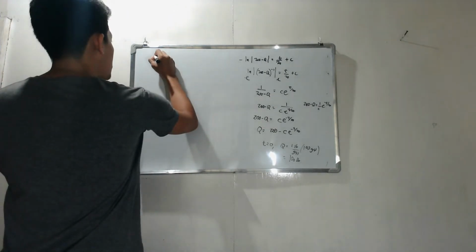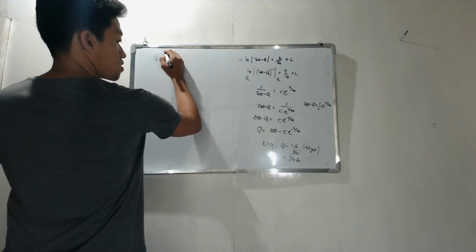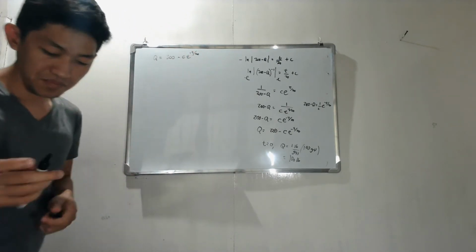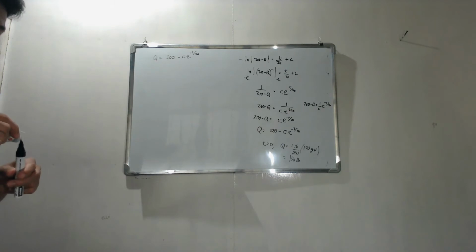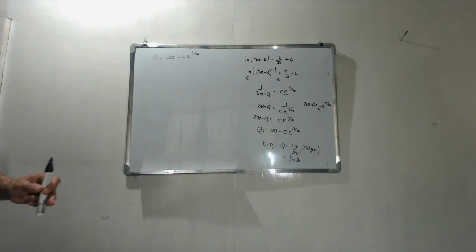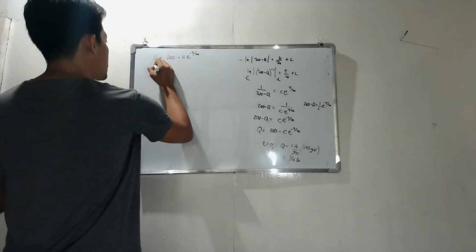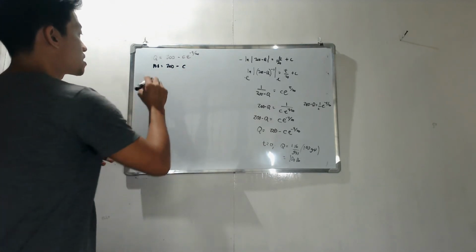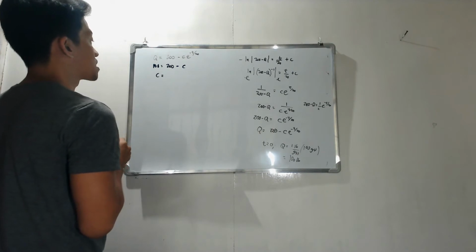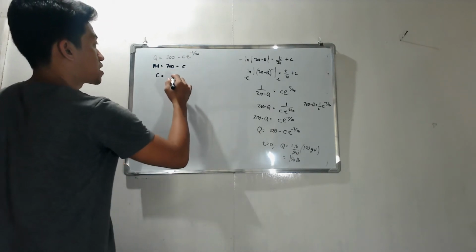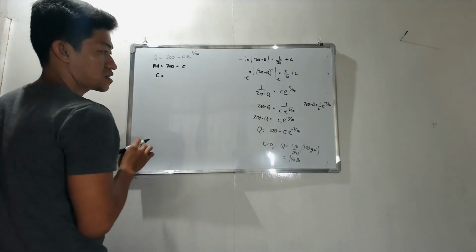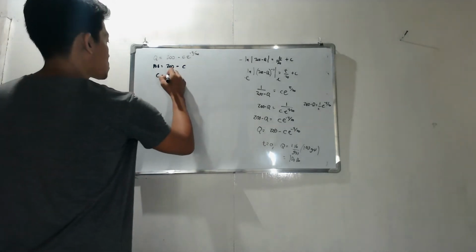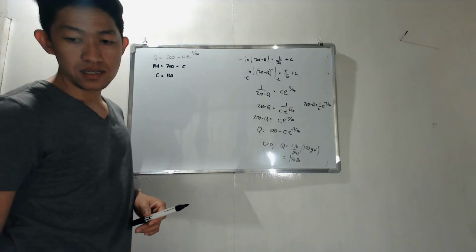Therefore, Q is equal to 200 minus C e to the 0, which is 200 minus C, since e to the 0 is 1. Therefore, C is just 100.